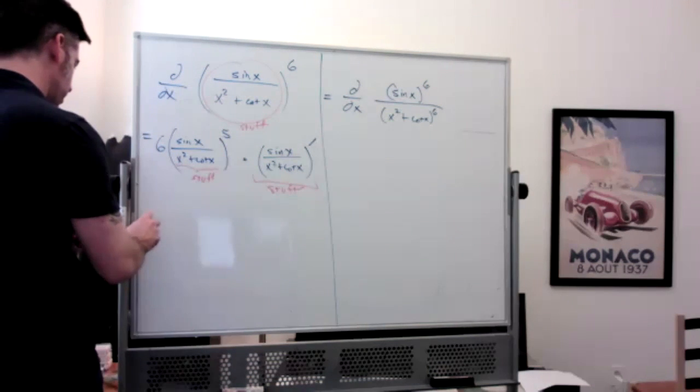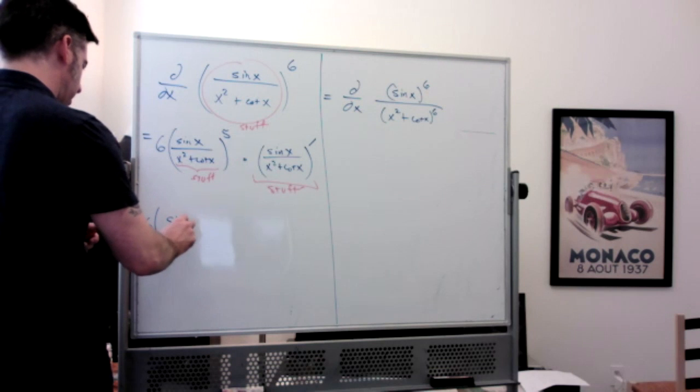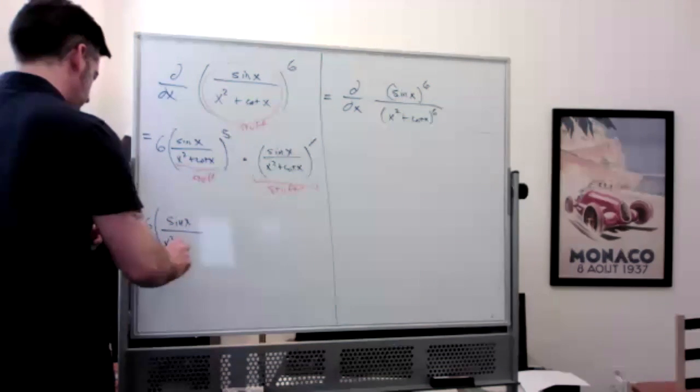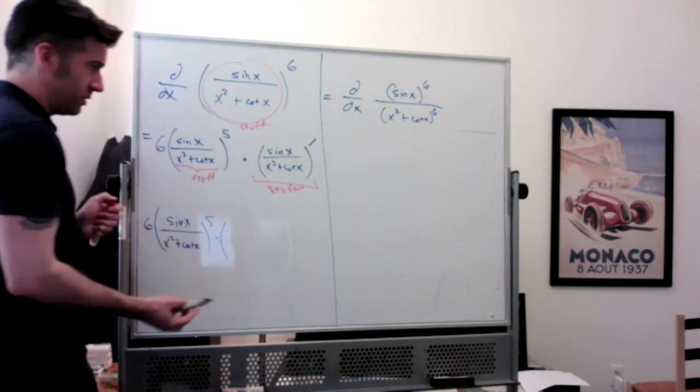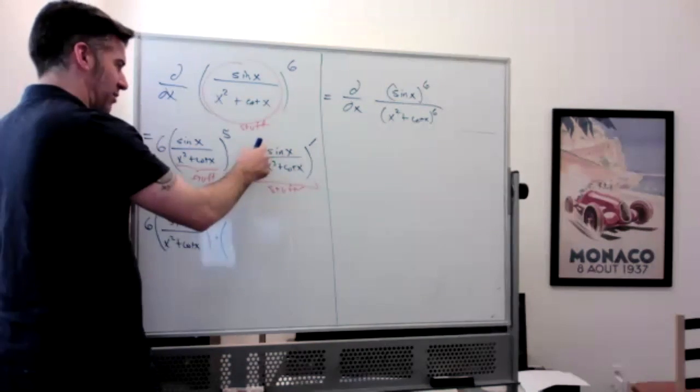So it's going to be 6 times (sine of x over x squared plus cotangent x) to the 5th times the quotient rule: bottom times derivative of the top, minus top times derivative of the bottom, all over the bottom squared.